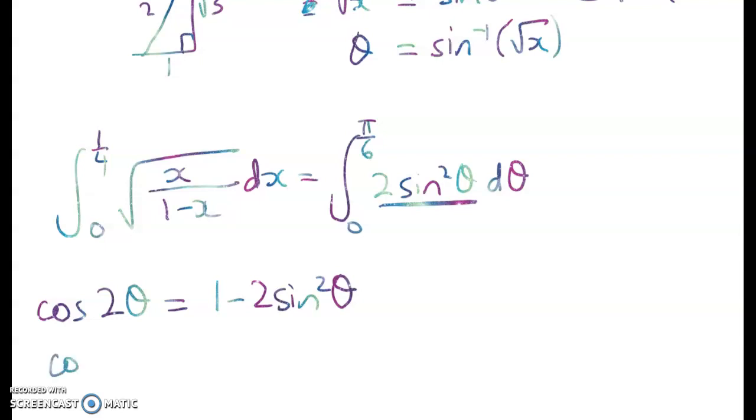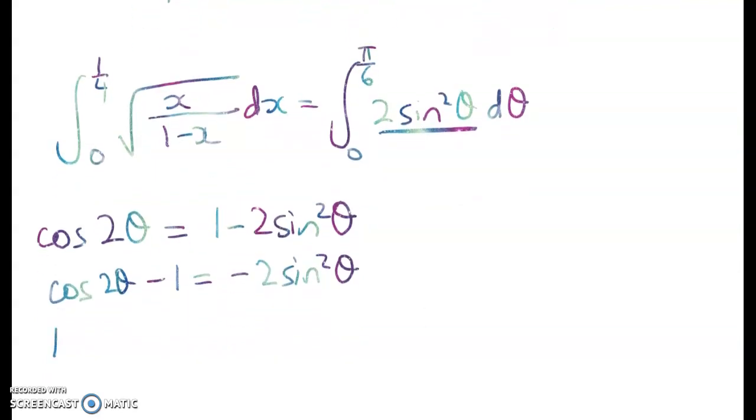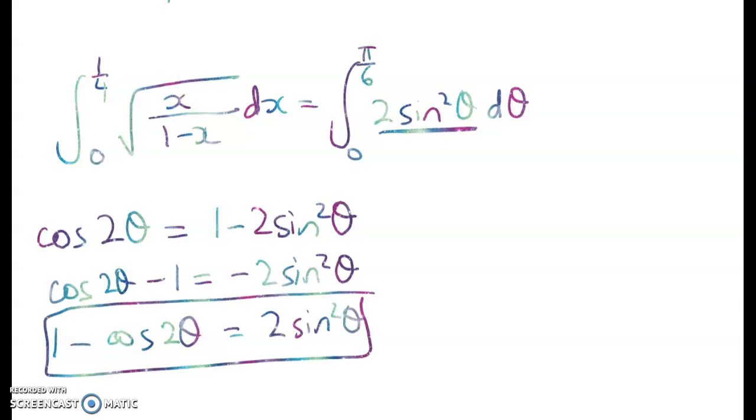So we get cos of 2 theta minus 1 is equal to negative 2 sine squared theta, or 1 minus cos of 2 theta is equal to 2 sine squared theta. I think that's the best way to do this. There's less chance of mucking it up than if you try and do your manipulation inside here. But over to you. Some of you will do that the other way around.